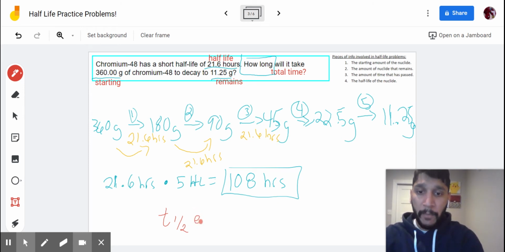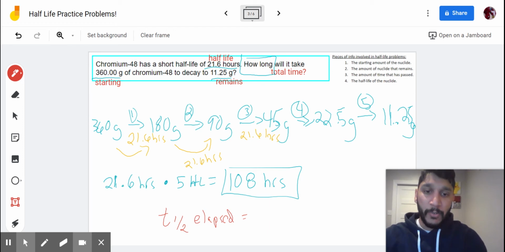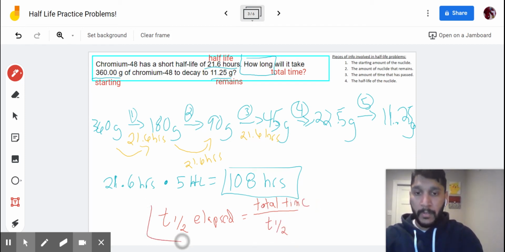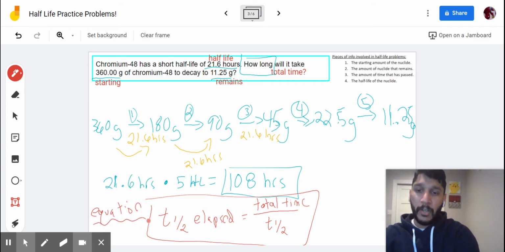So the half-lives that pass or elapsed, so the amount of half-lives that you go through, is equal to the total time that has gone by divided by the half-life, or the specific half-life for that nuclide. So this is an equation that you could try to use if you want to solve for it, but otherwise I would just process it through.